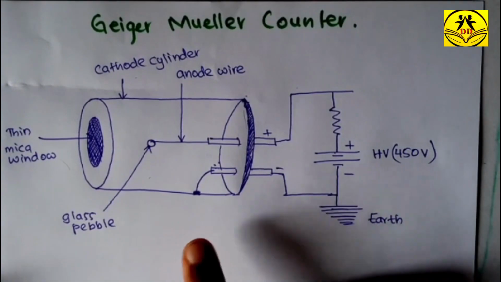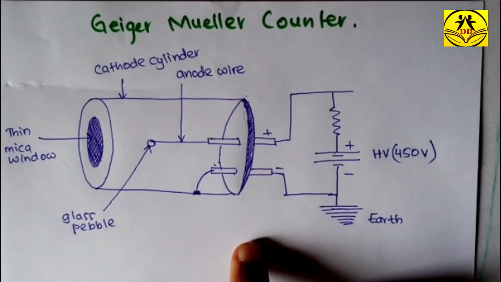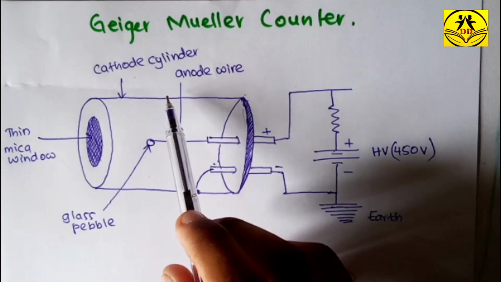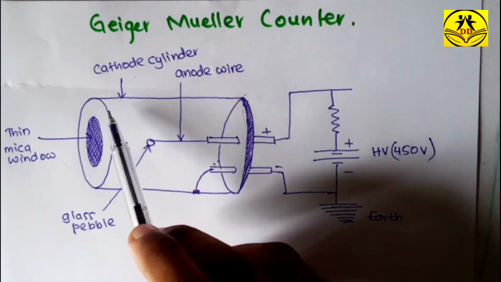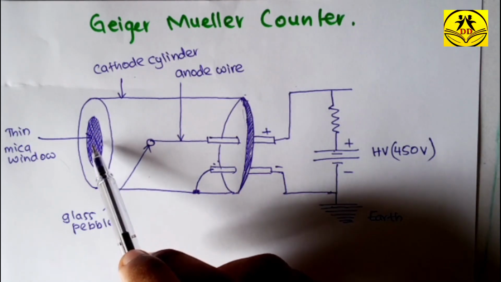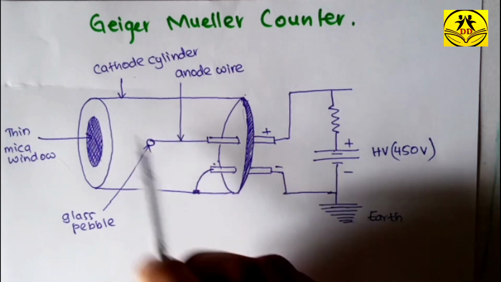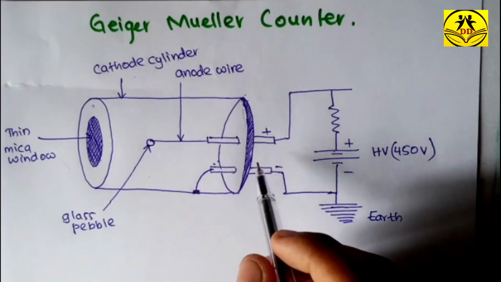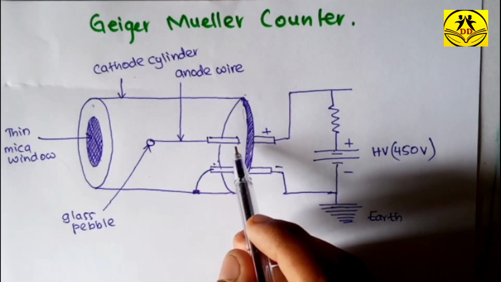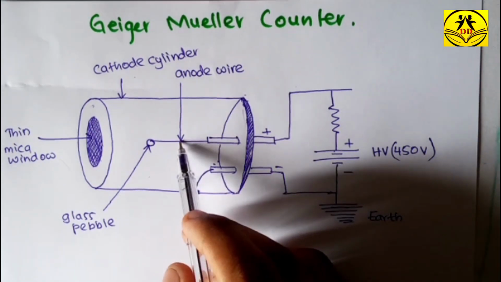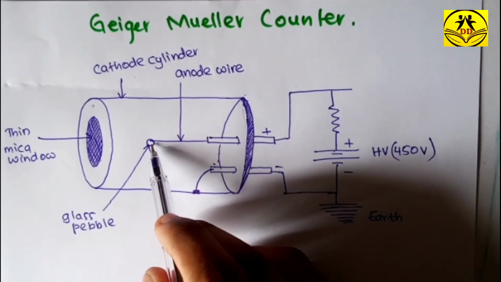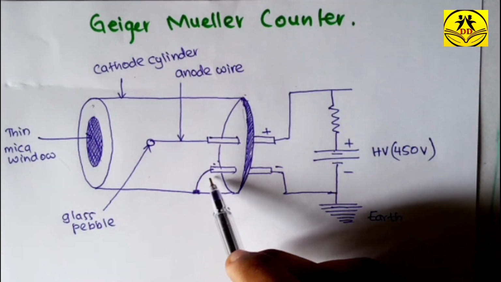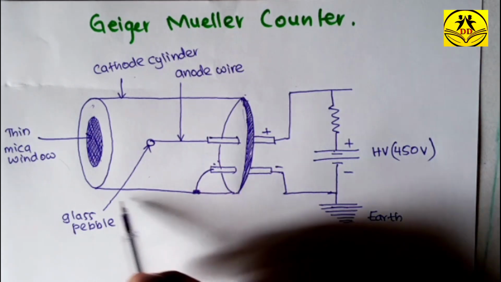This is a diagram of a Geiger counter, which contains a metal cylinder with a thin mica window and a metal frame, with an anode wire containing a glass pebble at the tip, and a cathode which is connected to the metal cylinder.